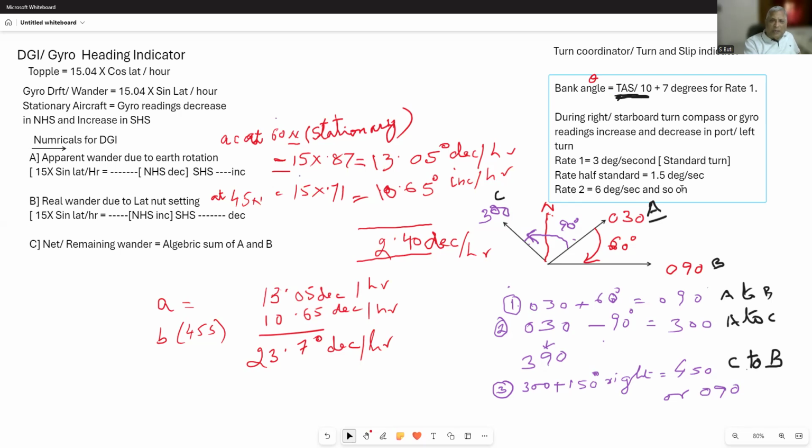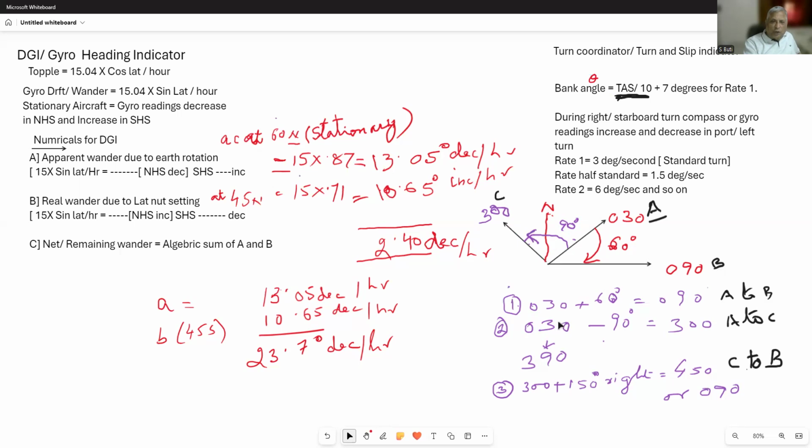Some of the possible numericals are that the aircraft is turning left or right. What will be his rollout heading? Okay, we are at position A in the direction of 030. If I'm turning right by 60 degrees, add 60, I will roll out at 090. And if I'm turning left from A towards T by 90 degrees, then my rollout heading will be 030 minus 90.